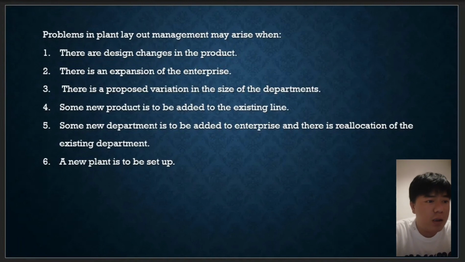Number 4, some new product is to be added to the existing line. Number 5, some new department is to be added to the enterprise, and there is a relocation of the existing department. And lastly, number 6, a new plant is to be set up.